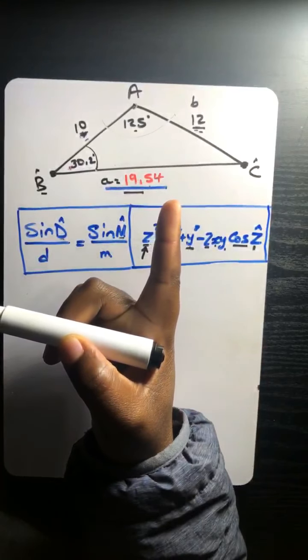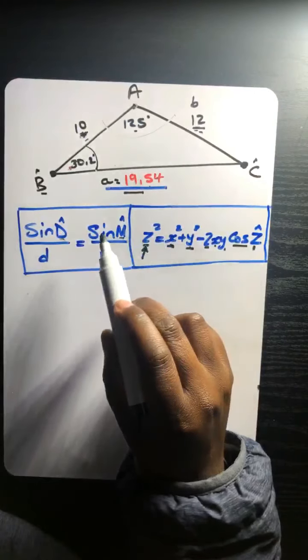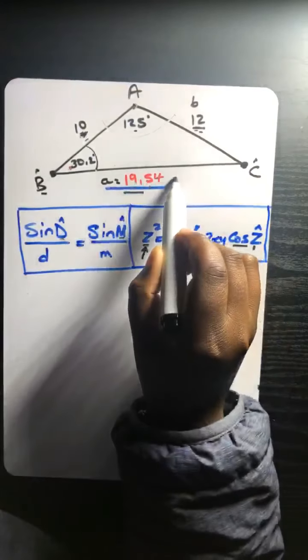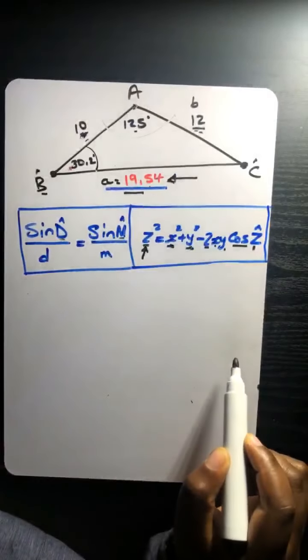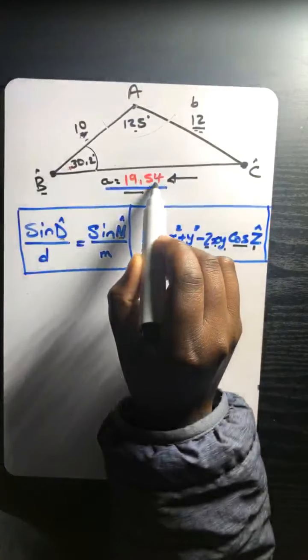This was given as 10, and you also used a side that was calculated. So can you see, this is 19,54, of which we couldn't make a conclusion on that one.